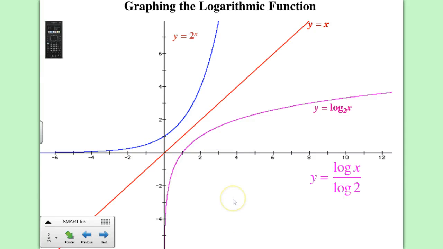I could type it in my calculator, log x, log 2 to the x, if I really needed to, but I think we know that if I just reflect it in the line y equals x, or as Mr. K told you before, you could just take x and y and flip it and look up at the lights, and you'd be able to see the blue would become purple, okay?